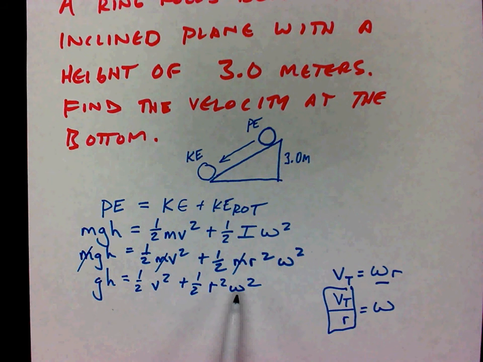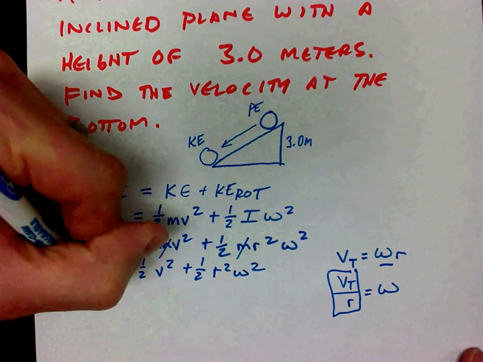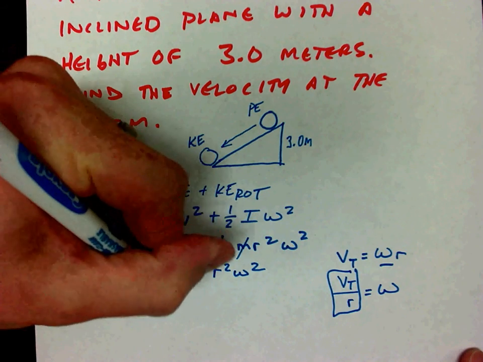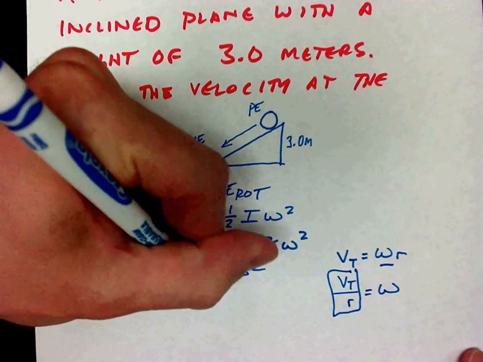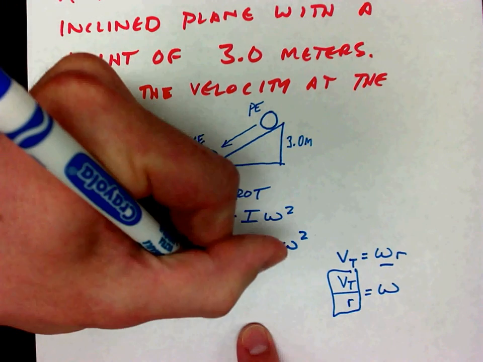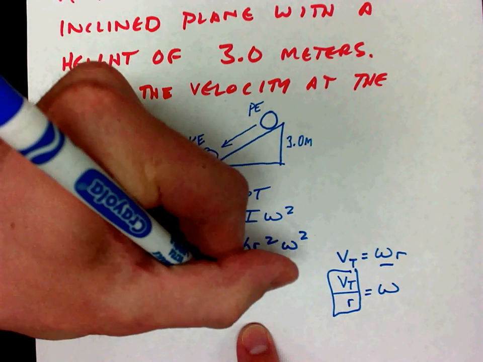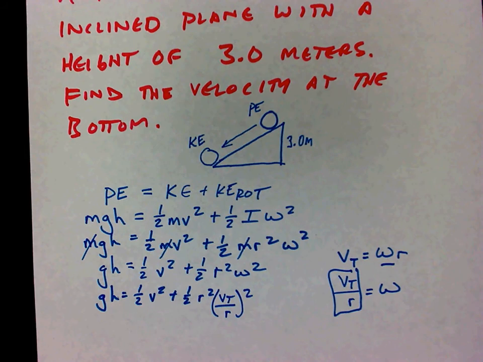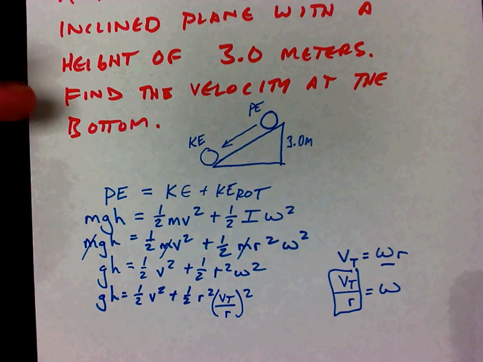And so that's actually what I'm going to do next. So let me do that equation work. So we're just kind of using these equations to our advantage. We got r squared. And then this is getting placed in here. So we're going to have vt over r. And that part all is squared. And so I'm going to rewrite this again. And I'm going to square those.